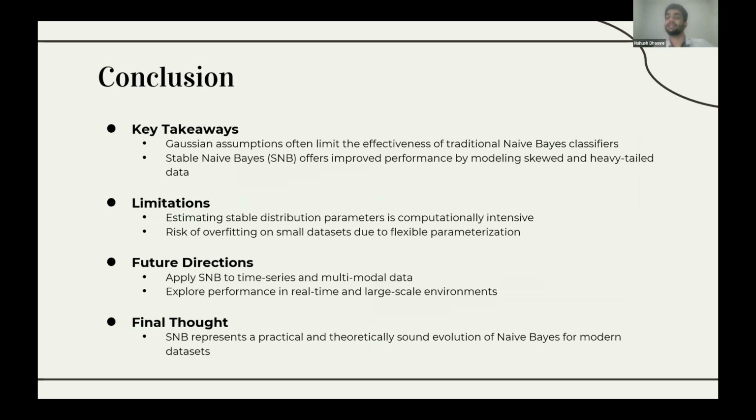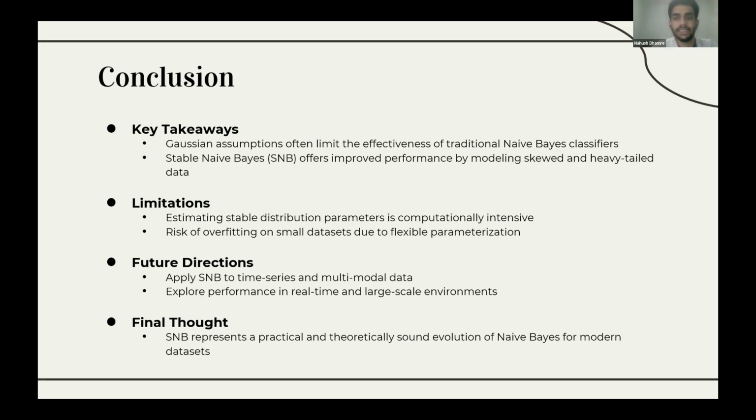However, this flexibility comes with a certain trade-off as well. Estimating stable distribution parameters is computationally more demanding than for Gaussian, particularly because closed form density functions do not exist for stable. Moreover, with 4 parameters per feature per class, the stable naive Bayes introduces the risk of overfitting when applied to smaller datasets.